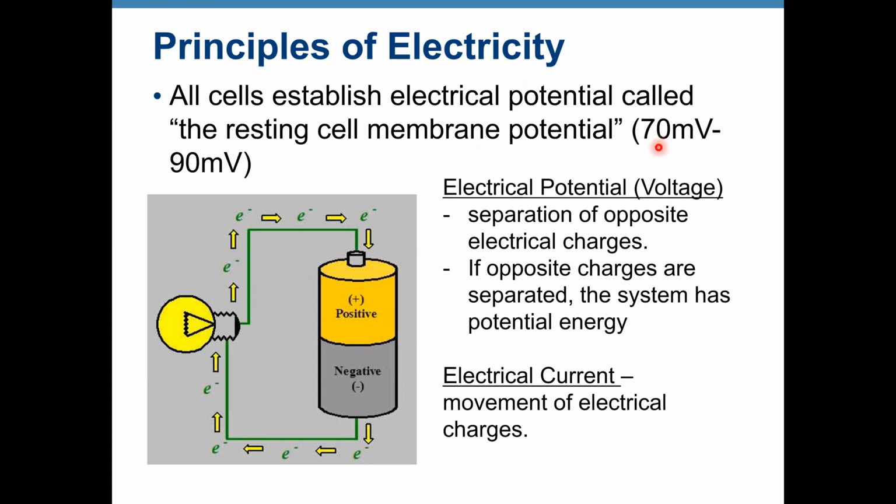It equals 70 to 90 millivolts. That makes sense. So if you look at a cell, the cell would have separation of charges across a cell membrane. And this is called resting membrane potential. Now, in this lecture, I will try to explain why these charges are separated and how this potential energy can be used.